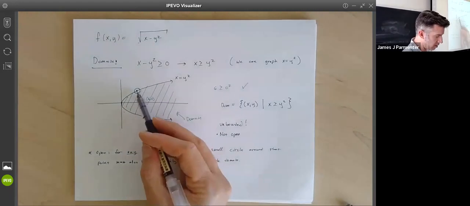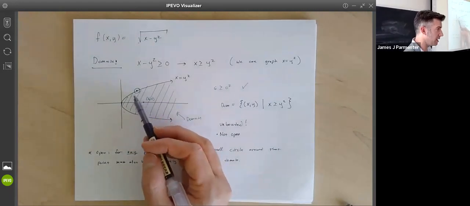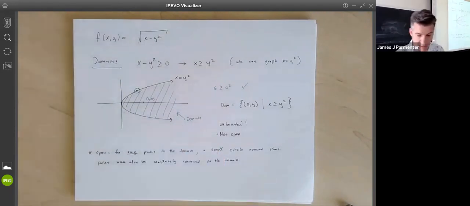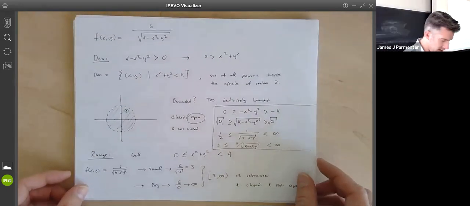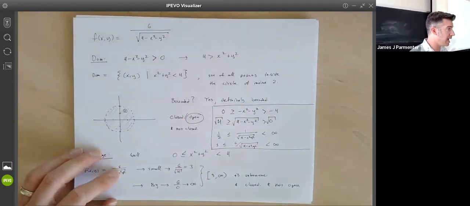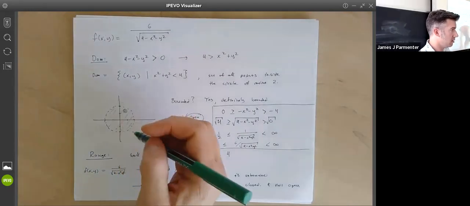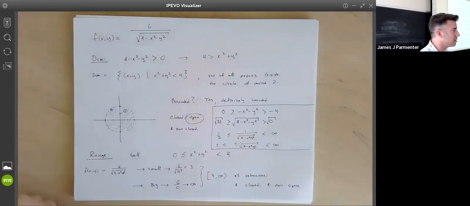So for that point right there, no matter how small I make my circle, parts of it are not included in the domain, which makes it not open. Whereas in this previous example, any point that I picked, even super close to the edge, since it's not touching the edge, I can take the distance from it to the edge, cut that in half, and make a circle of that radius around it, and it's still included.